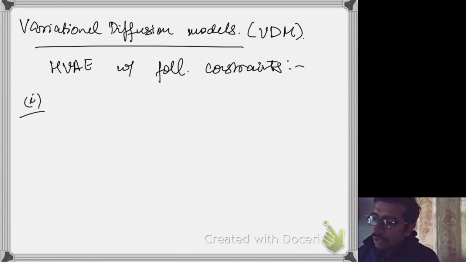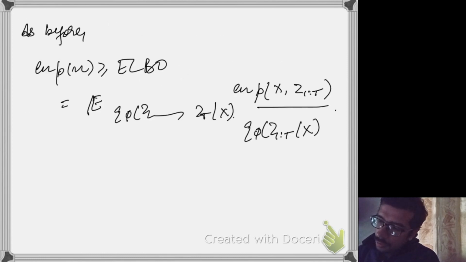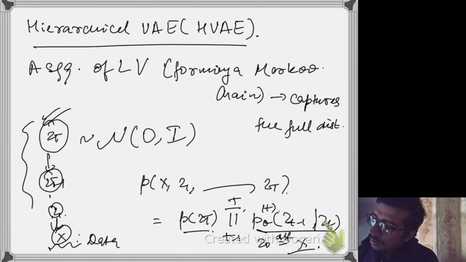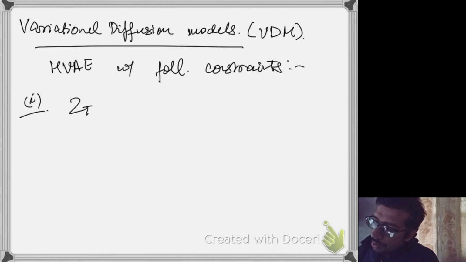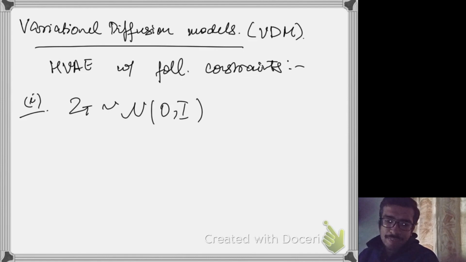Let's have a look at these. Firstly, the top latent variable z_T is normally distributed with mean 0 and covariance identity. Well, this looks natural.